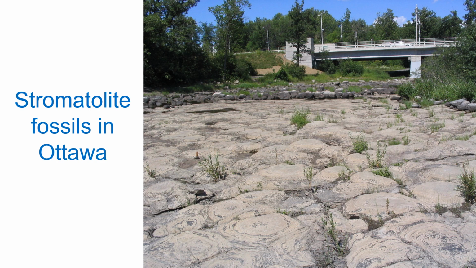These pillow-like structures, again, they don't look like much, but this was a very important step in the history of life on the planet. These stromatolites containing photosynthetic organisms produced a lot of the oxygen that eventually allowed more complex multicellular life to evolve.